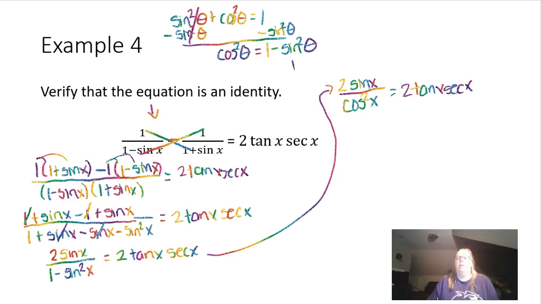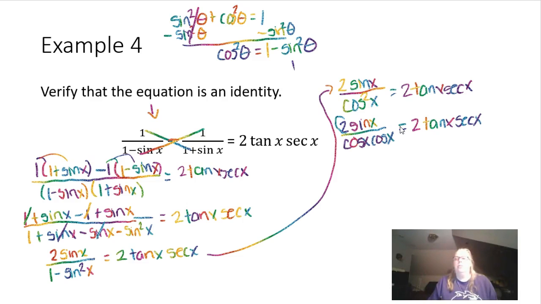Okay, now I'm going to break apart this cosine squared, and I'm going to write this problem as 2 times the sine of x divided by the cosine of x times the cosine of x. And we want that to be equal to 2 times the tangent of x times the secant of x. All right, now I'm going to break this apart into 3 fractions.